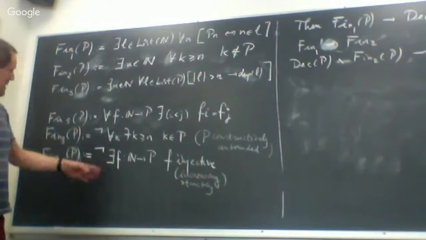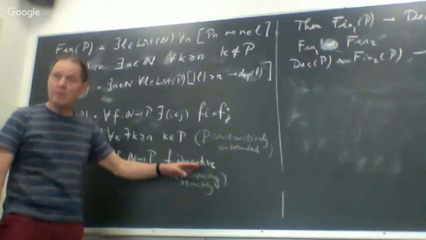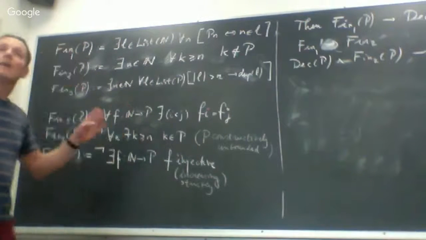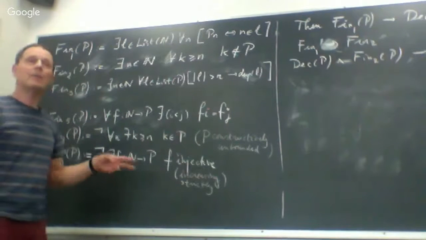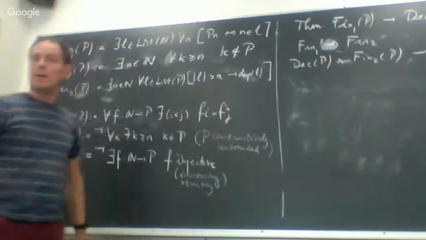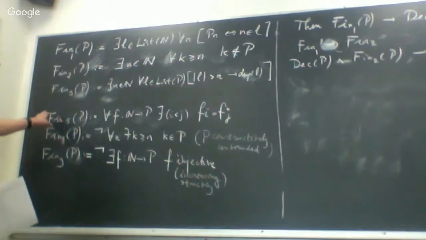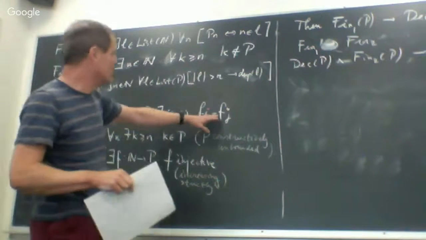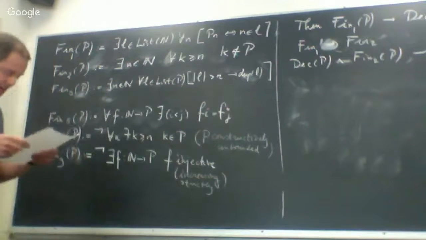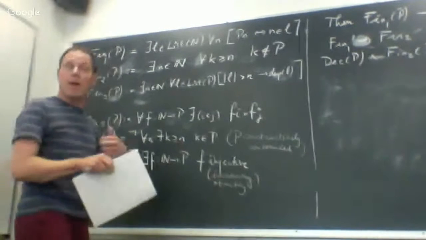So this is Dedekind finite, negatively formulated, and this is Dedekind finite, positively formulated. And it has reasonable closure properties, but not everything you would like to have, and the closure properties are harder to prove.